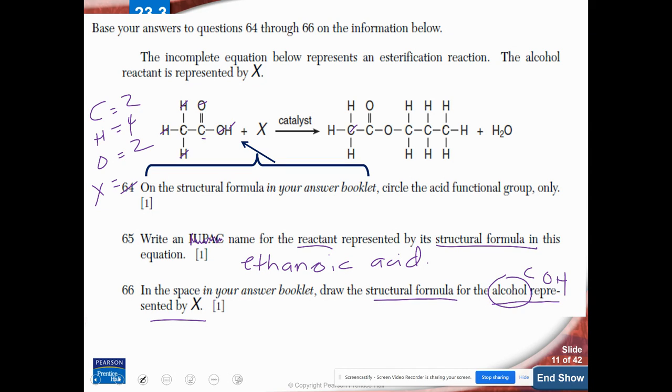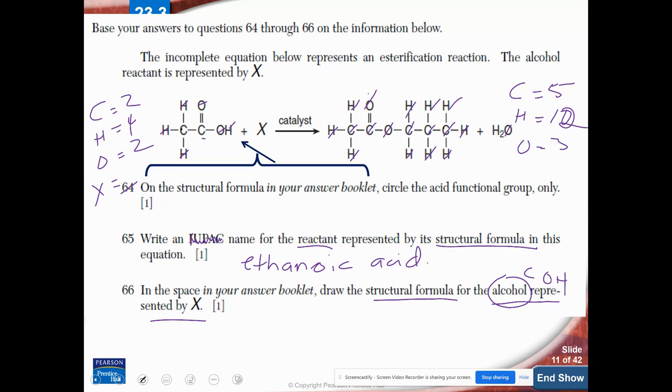So then now I have 1, 2, 3, 4, 5 carbons. I have 1, 2, 3, 4, 5, 6, 7, 8, 9, 10 hydrogens. I have 2 oxygens. Oops, 3 oxygens.